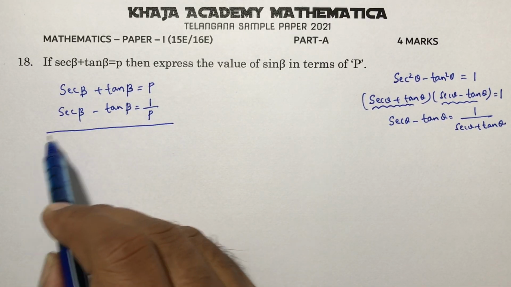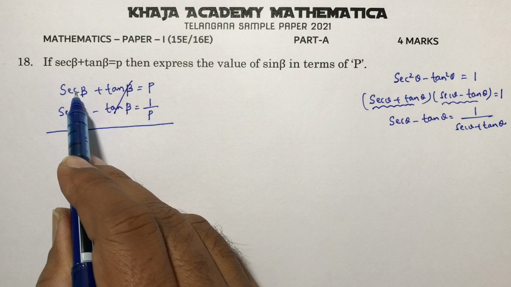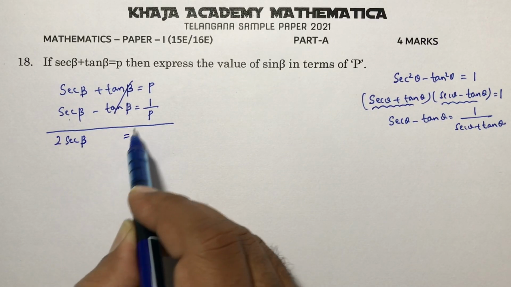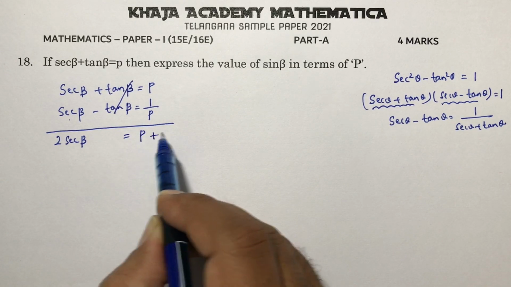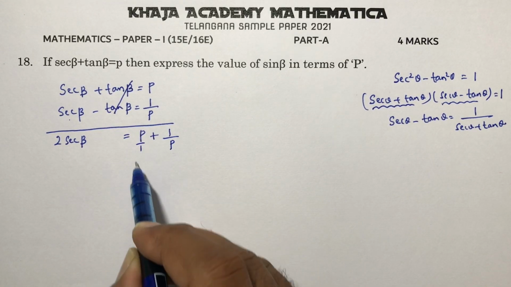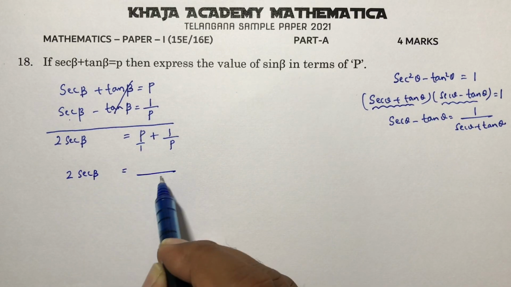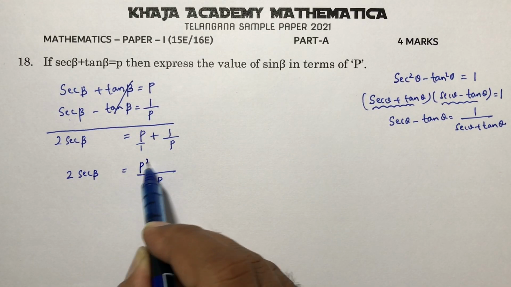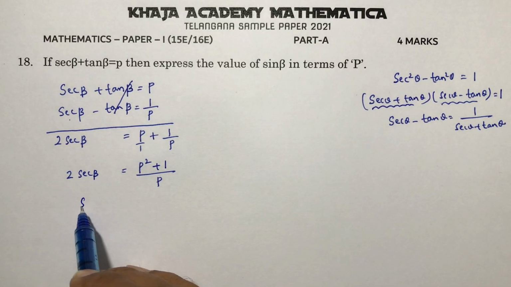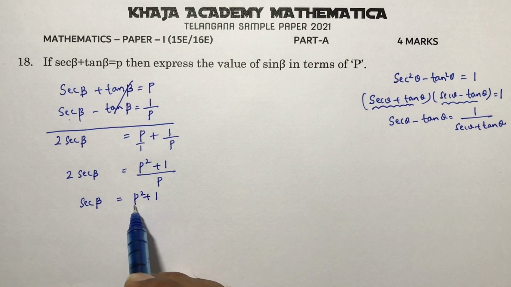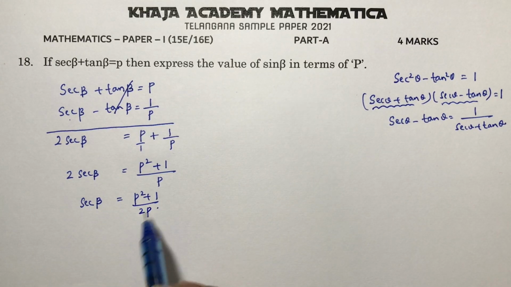Plus tan beta minus tan beta, they'll get cancelled. Sec beta plus sec beta, 2 secant beta, and here p plus 1 by p. So 2 secant beta, LCM is p, so p square plus 1. So sec beta is p square plus 1 by 2p.